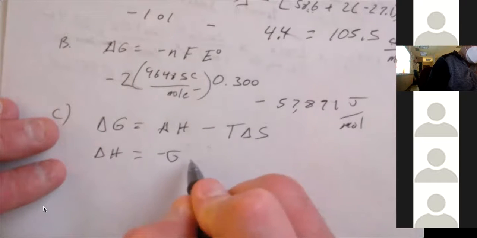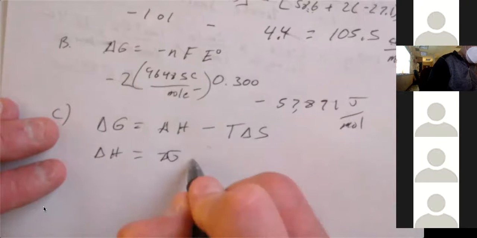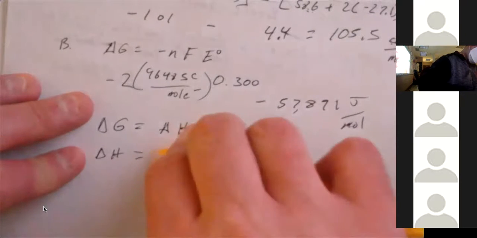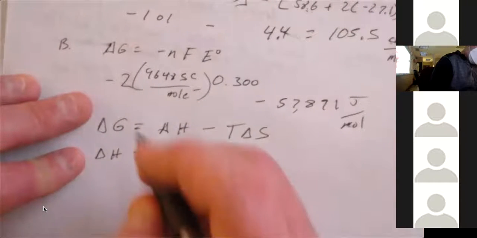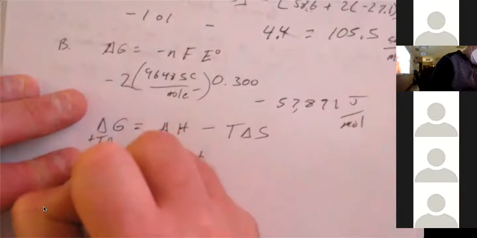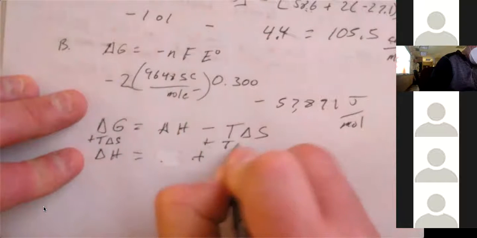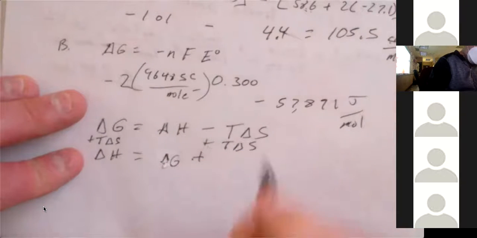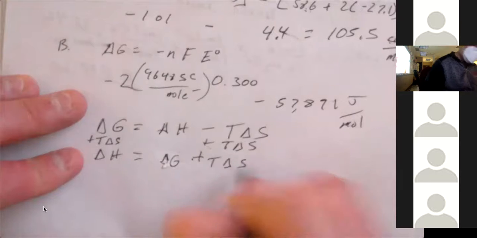Negative delta G, plus, actually, no, let's do it that way. That's a lot easier. Let's add T delta S to both sides. There we go. So I'm going to go ahead and put it down here, plus T delta S. So we get delta G plus T delta S.